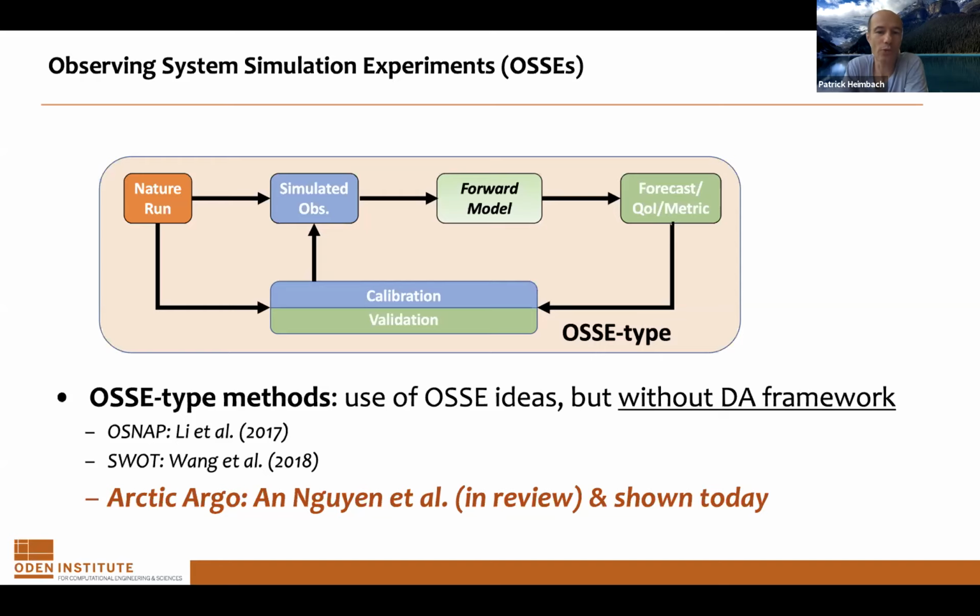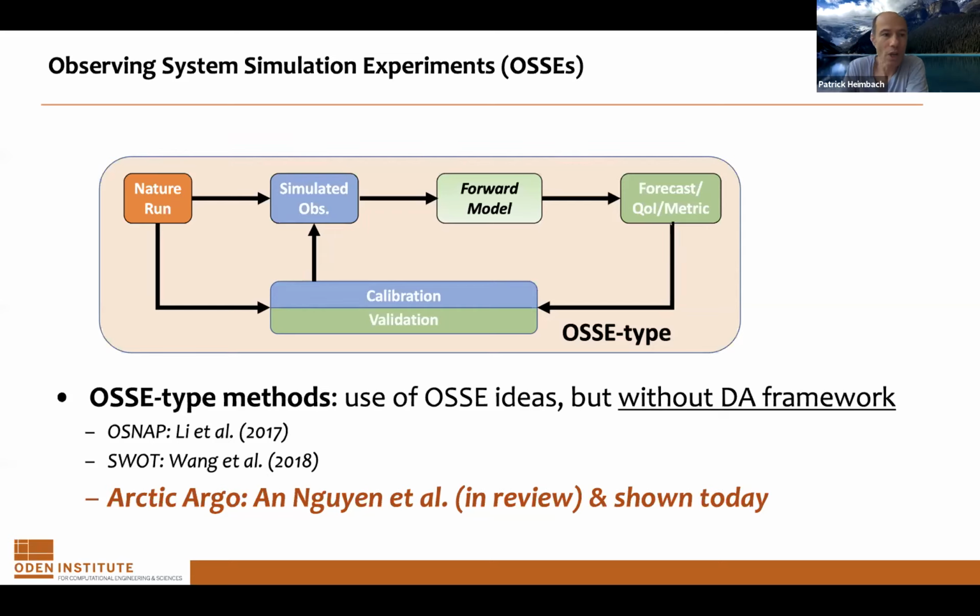Usually we just use the forward model to help out with how these simulated observations may inform our quantities of interest. And Nguyen today will talk about exploring how Arctic Argo floats may provide us information on Arctic hydrography.